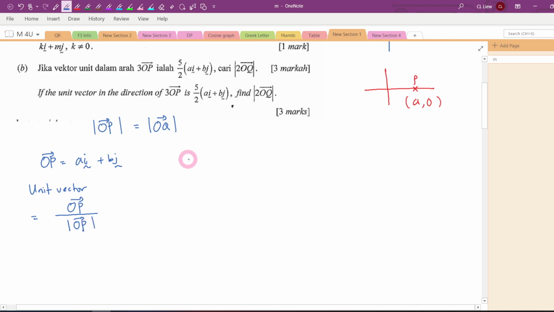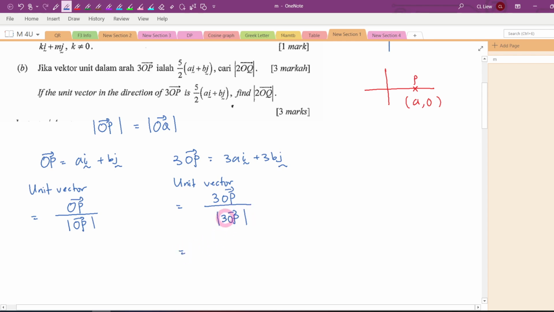How about if we have 3OP? It becomes 3ai plus 3bj. The unit vector will be equal to the vector 3OP divided by the magnitude of 3OP.